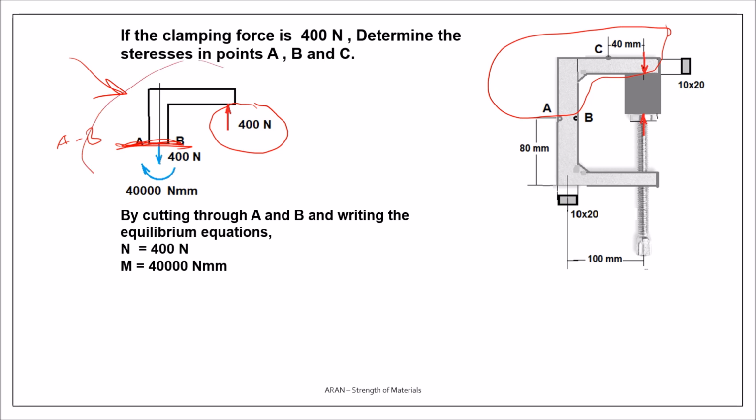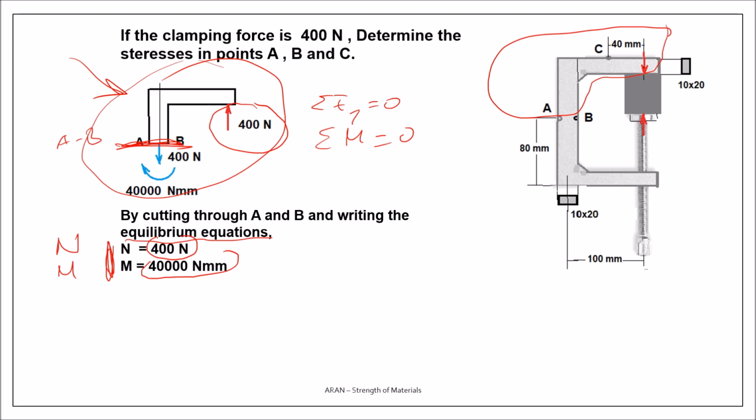For this free body diagram, I write down the equilibrium equations. So you find out when you write sigma Fy equals 0 and sigma M equals 0, that in this section N is 400 and M is 40,000 Newton millimeter. Okay, now I know that I have a normal force and a bending moment.